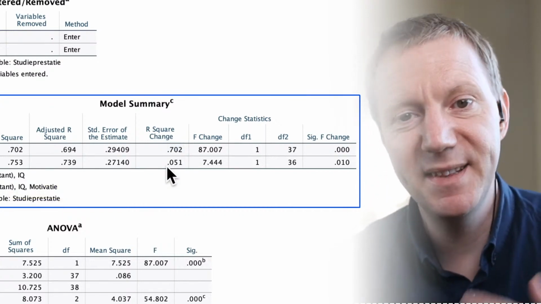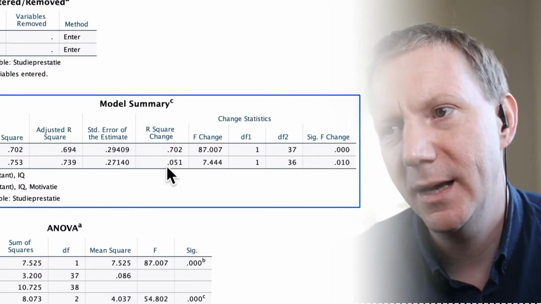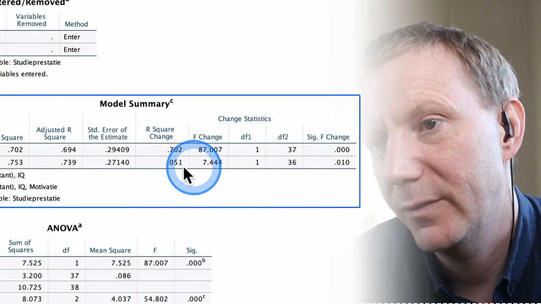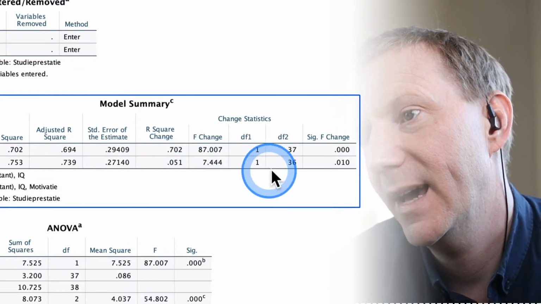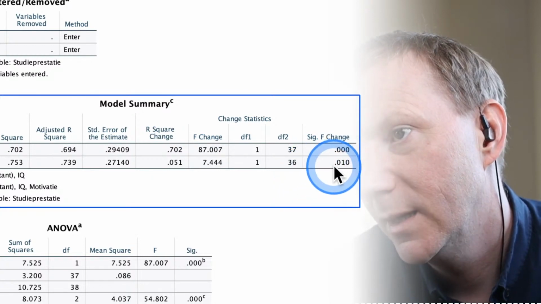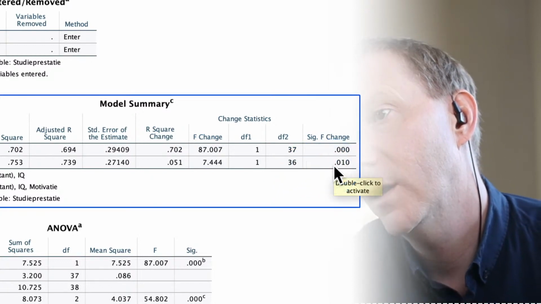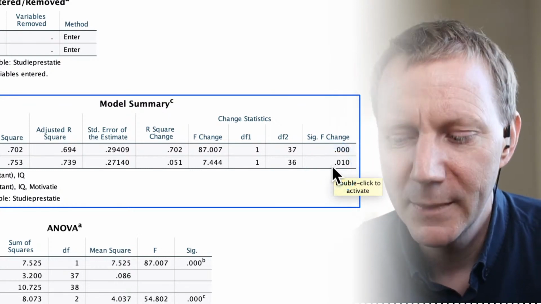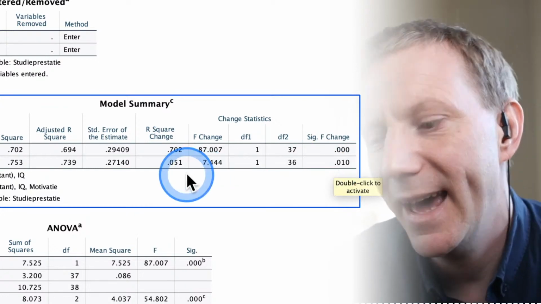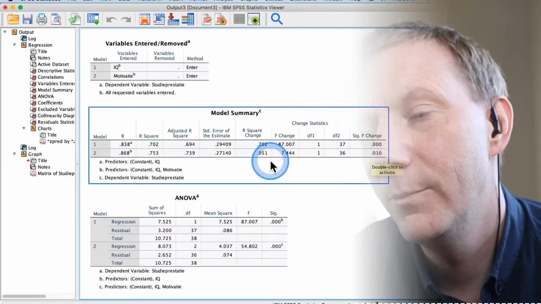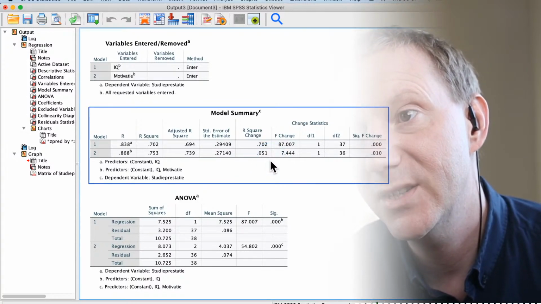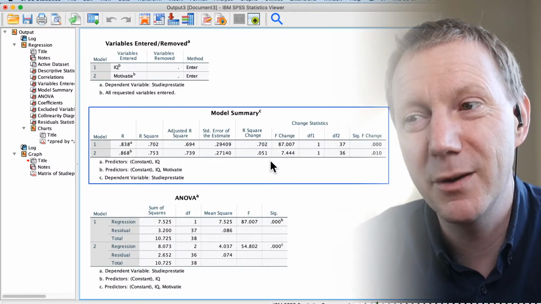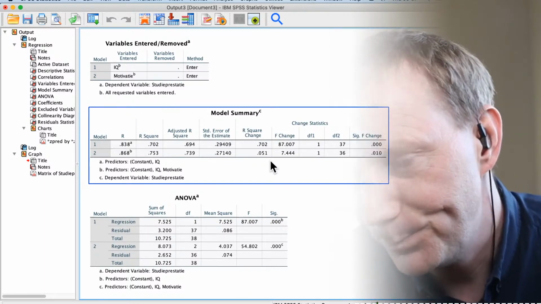The question then is whether that is a significant added value. To get to that point, we test with an F-test, and it returns a significance of 0.01, which is lower than 0.05. So it states that adding this variable is a significant contributor to the raising of the amount of explained variance.